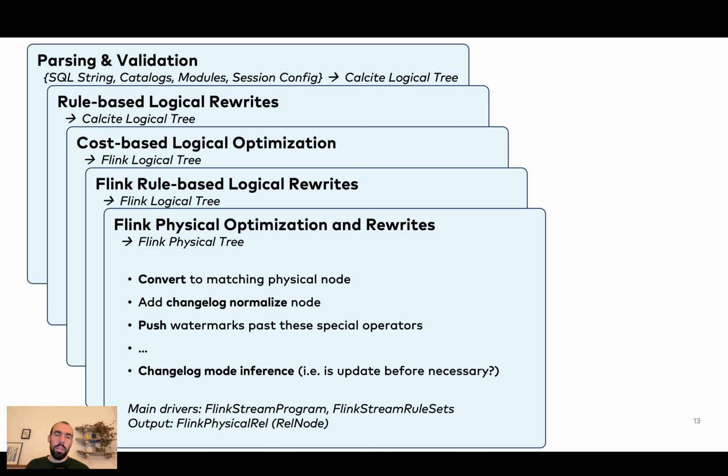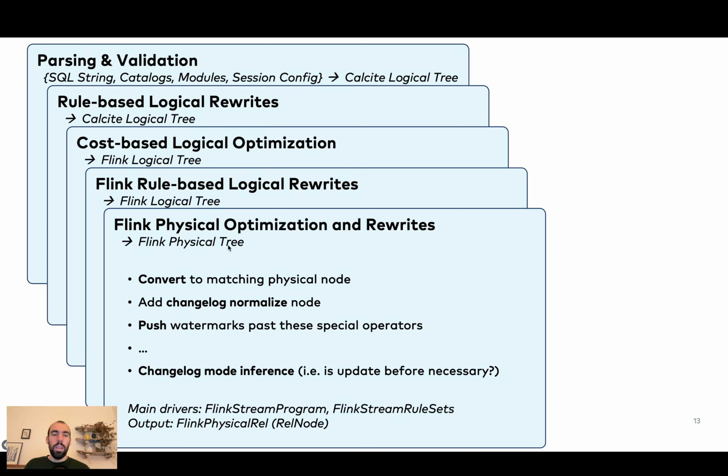So the further we go into the phases, the more physical it will get. Again, the input here was a Flink logical rel node, and the output here will be a Flink physical tree.